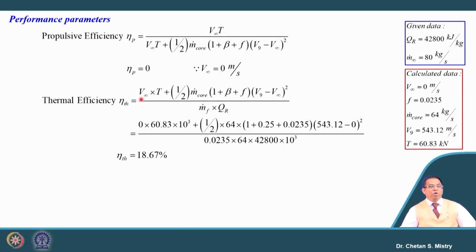If we put all these numbers, the thermal efficiency is coming to be 18.67%. Now, the next component we want to calculate is our thermopropulsive efficiency, or overall efficiency, where our propulsive efficiency is 0 and thermal efficiency is 18.67, which will give the overall efficiency to be 0.